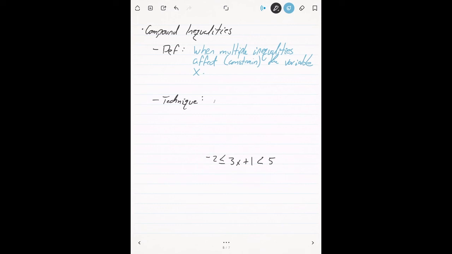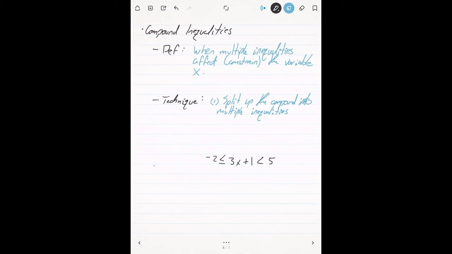Technique number 1 is to split up the compound into multiple inequalities. By that I mean what we just said before.